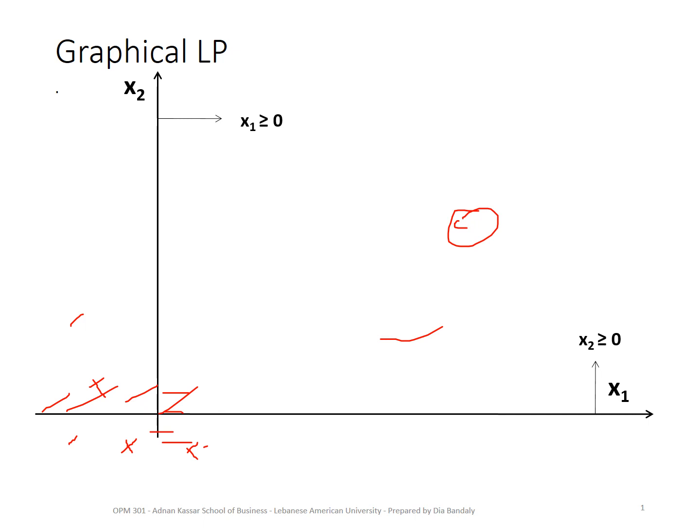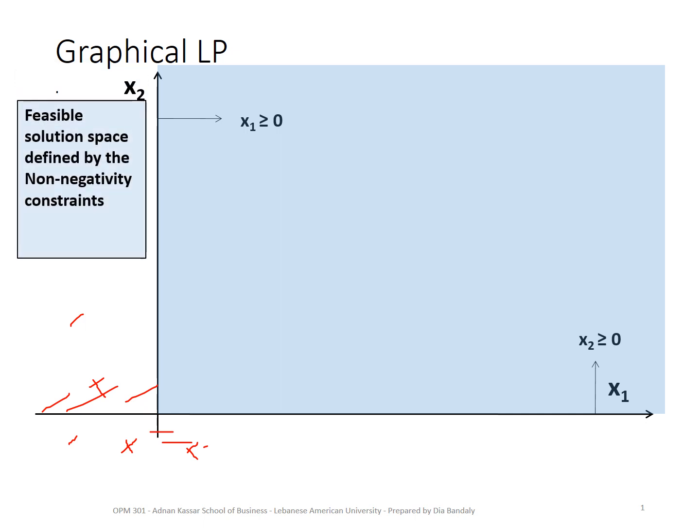Before I proceed, I just need to take out these because they may distract you later on. The ones on the other side, I don't need anymore. So here we go. We call that blue area the feasible solution space defined by the non-negativity constraints.